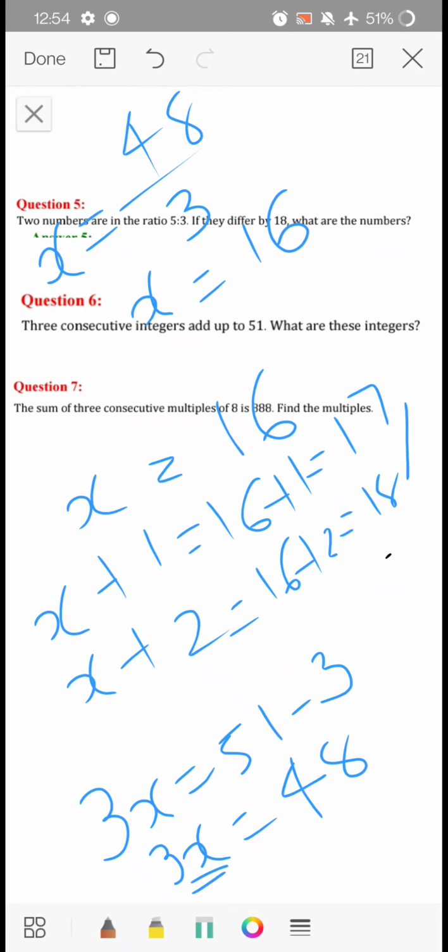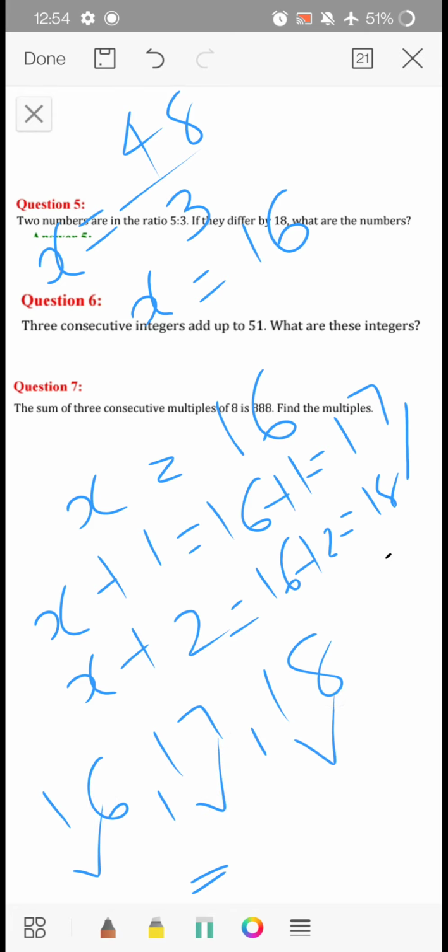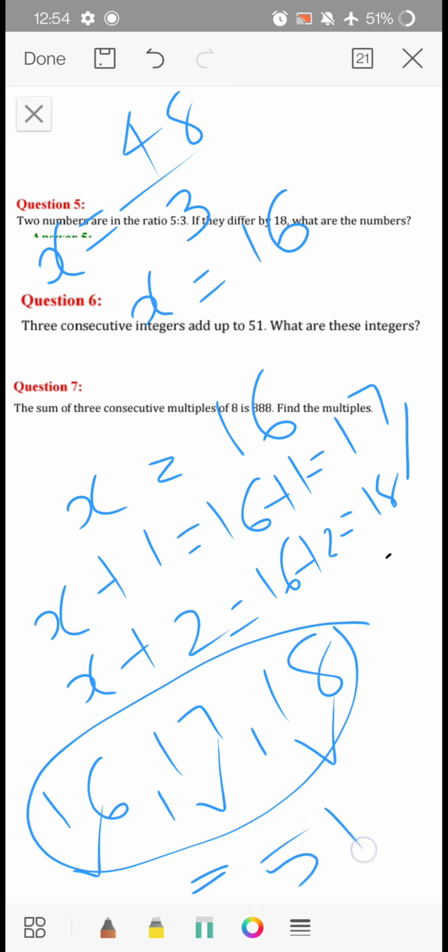So you will observe that we are getting the consecutive integers, one after another: 16, 17, 18. Now if you add them, you will get 51. So this is how you can verify your answer.